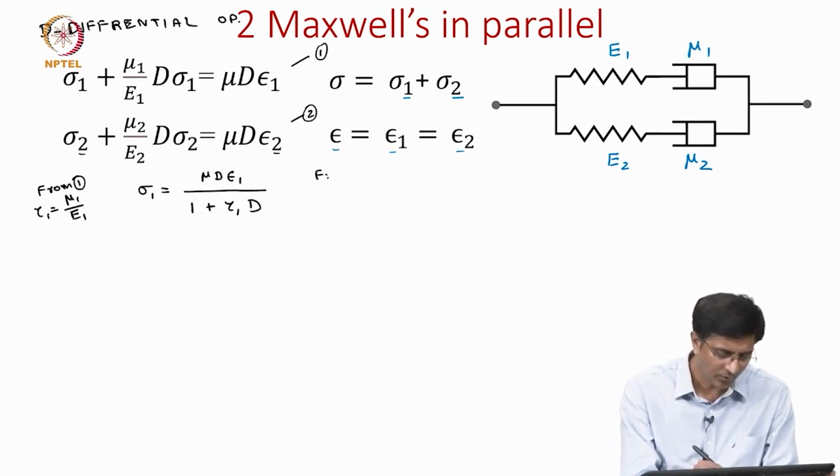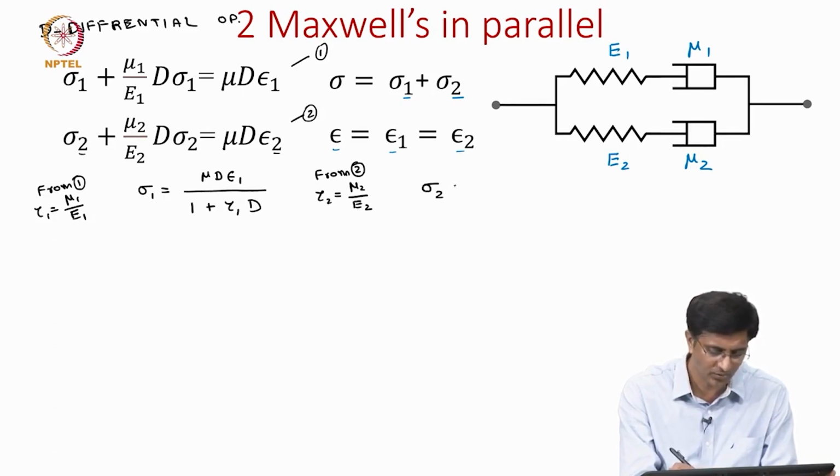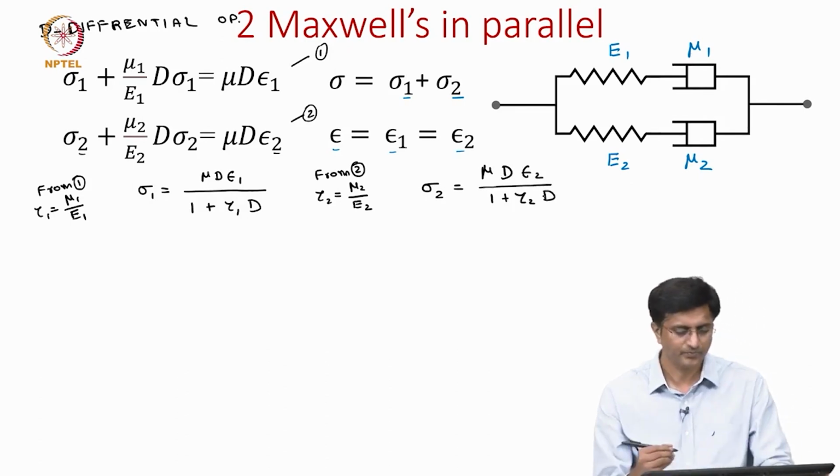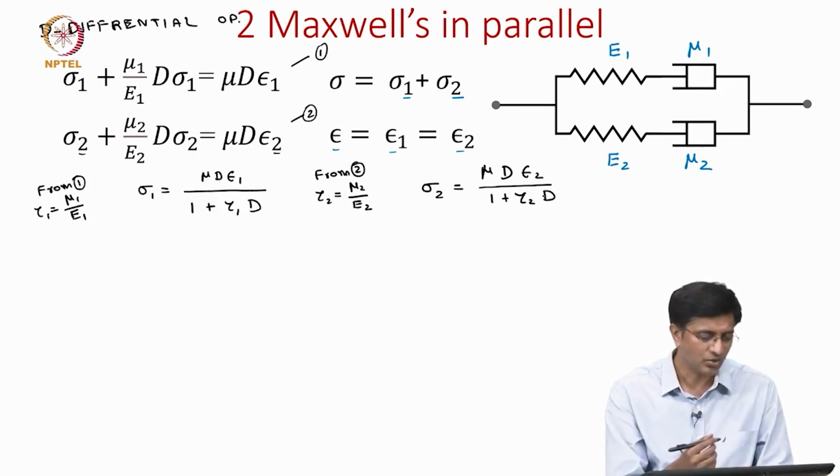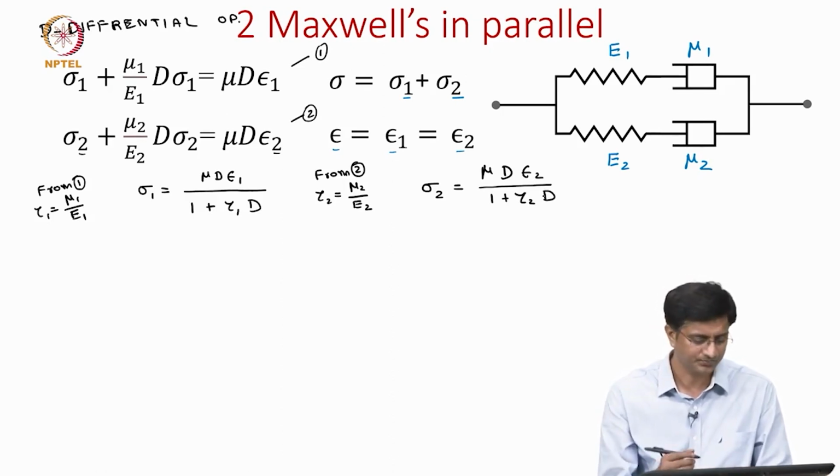And from equation 2, where we now replace tau 2 as the relaxation time given by mu 2 by E2, I should be able to write the stress sigma 2 as mu d epsilon 2 divided by 1 plus tau 2 times d. These are the extensions to constitutive equations 1 and 2.